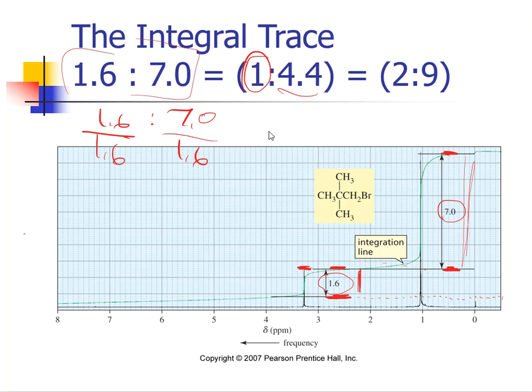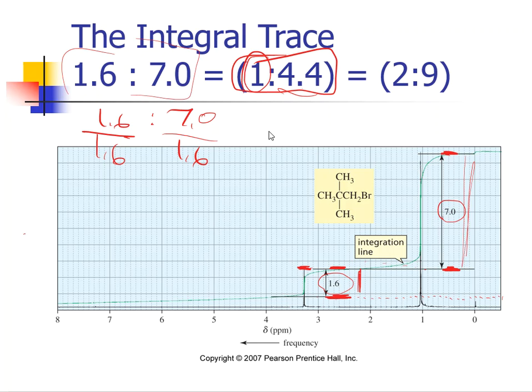You're either going to have one or all, right? So when I take the integral numbers that are here and divide by the smallest, I'll get this simplified ratio. It's still a ratio, though. And that simplified ratio could have these weird little decimals in it, and you can't have parts of a proton. You either have to have the whole thing or nothing.